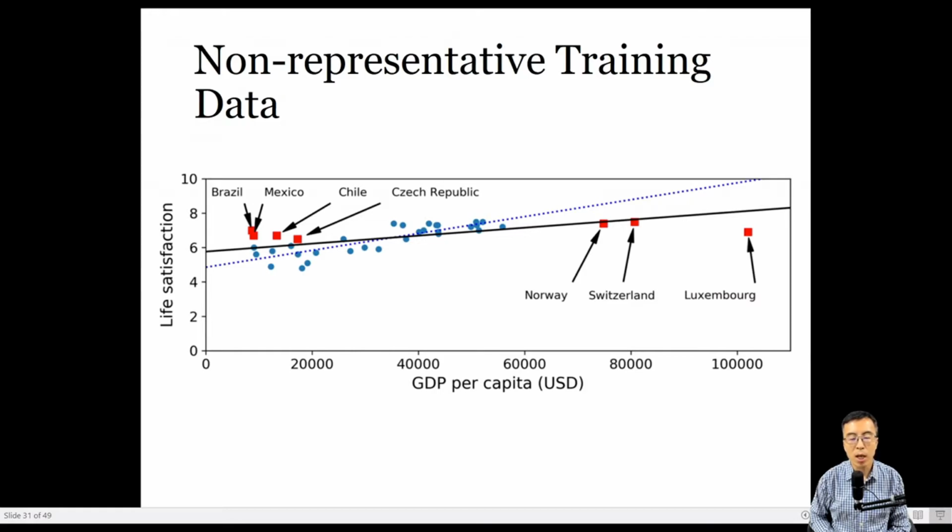And then we found actually the previous model without those data points significantly overestimate the relationship between GDP per capita and life satisfaction. When we add back those data points, we see the relationship between the two are significantly attenuated. So this showcases that if we do not have representative training data, most likely our model estimation is biased.